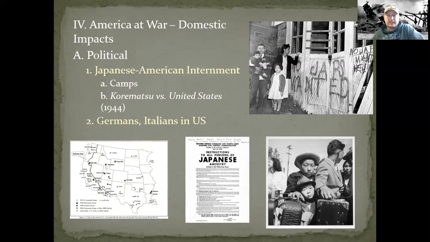It's shocking to think that this would happen, because many of the people that we are discussing here, for the most part, are American citizens, and some of them are third and fourth generation American citizens.